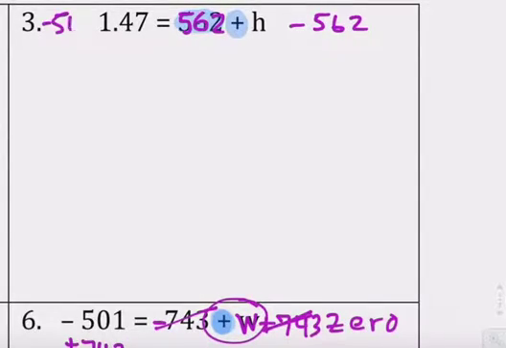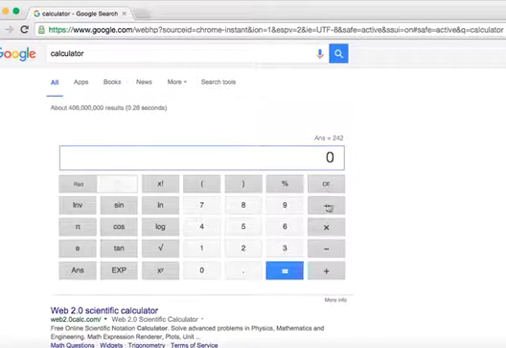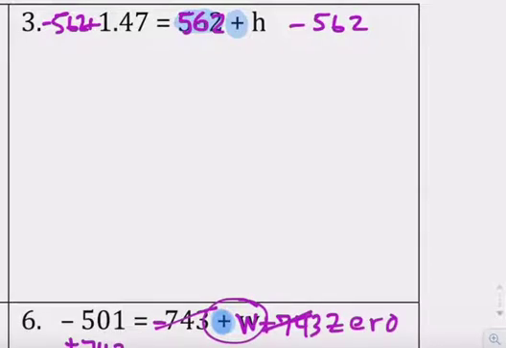On your calculator, clear it, minus 562, add that to 1.47, and that gets you 560.53 equals, this is 0, so you cancel those out, H.